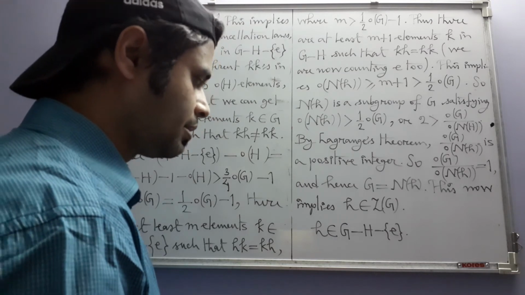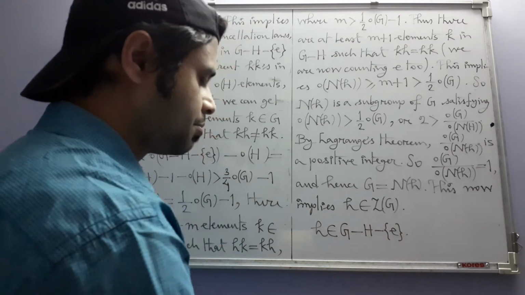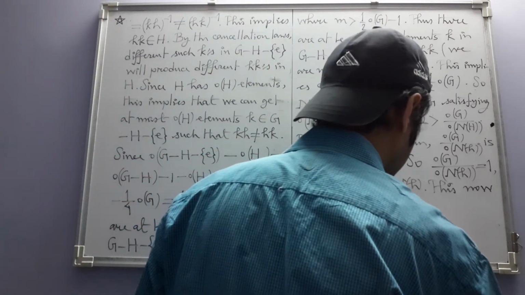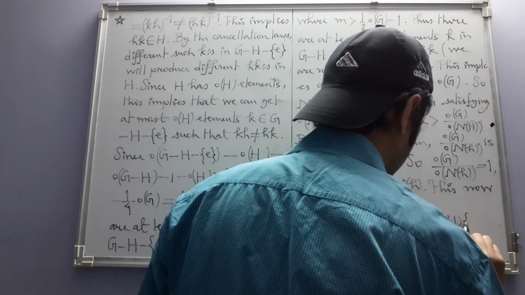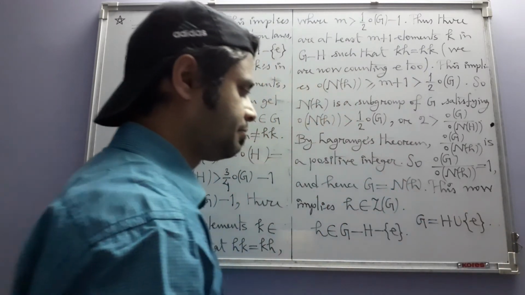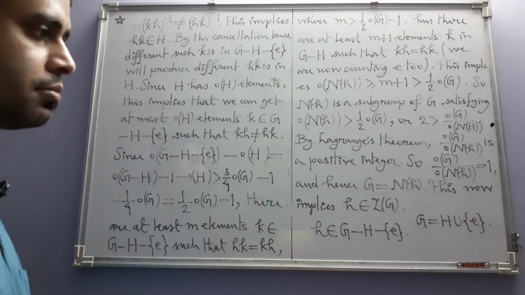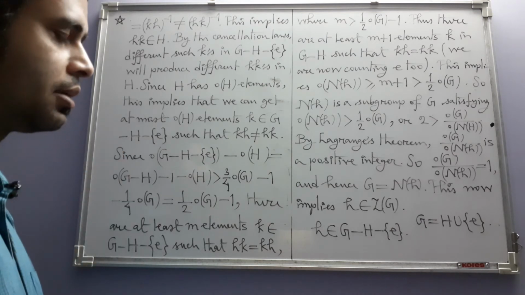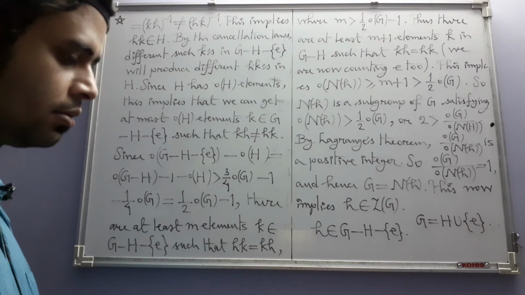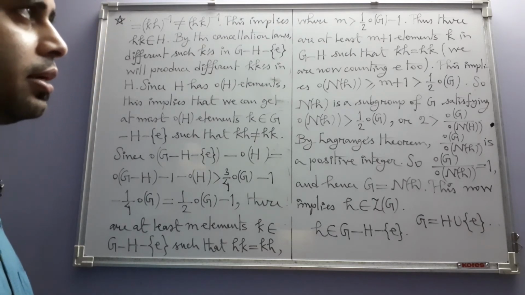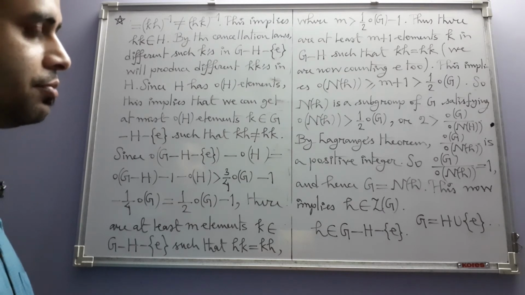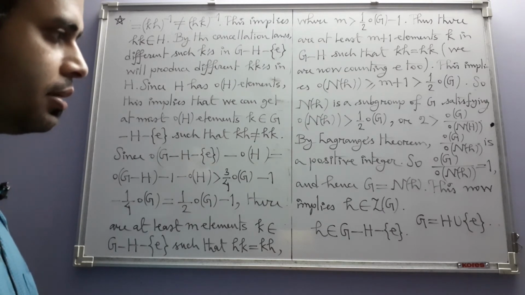If not, then that means this set must be empty, in which case G must be equal to H union E. Now the hypothesis of the exercise says that more than 3/4 of the elements of G are mapped onto their inverses.